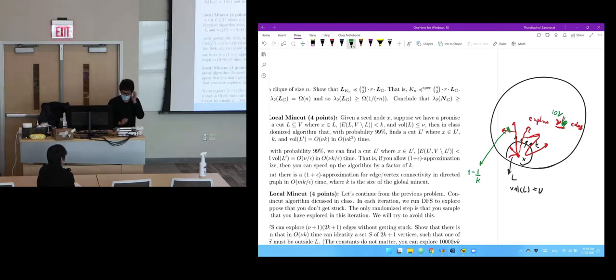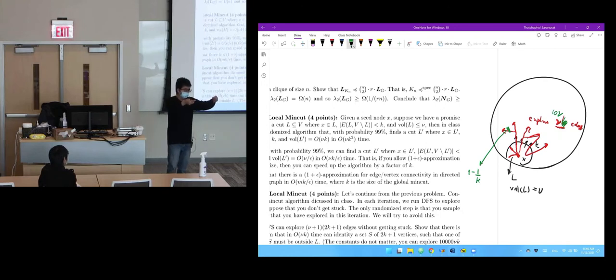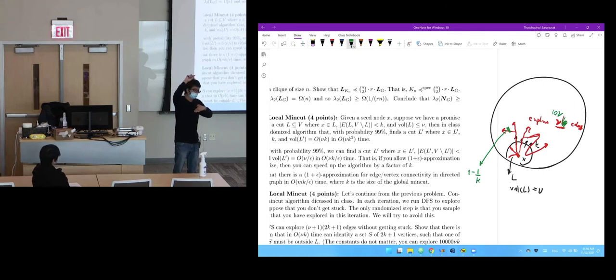Then you will be outside with probability like 90%. So instead of getting some node outside L at every iteration, you get one 90% of the time.